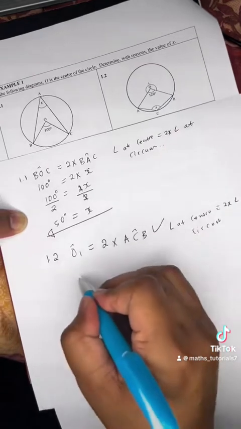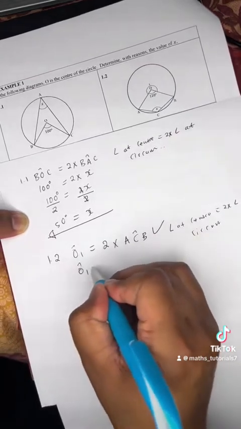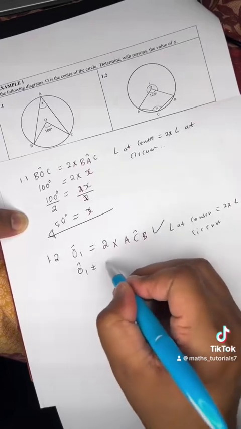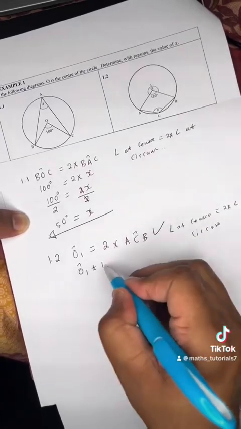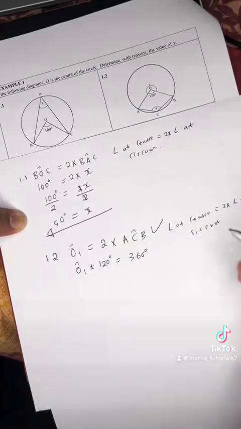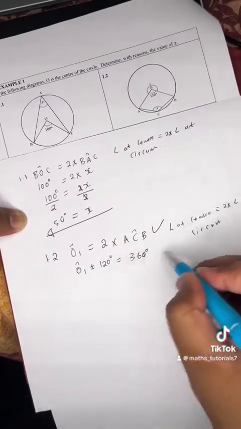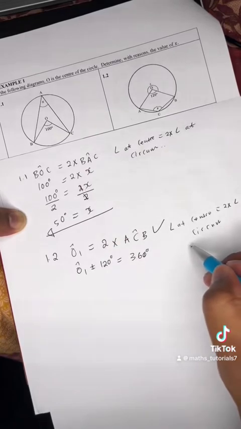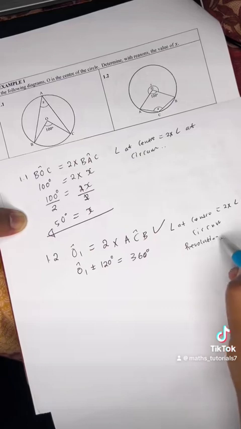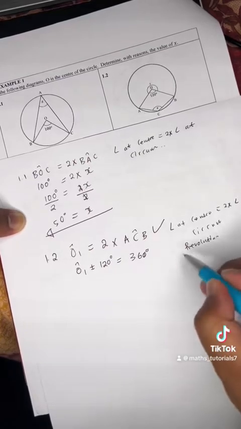So we can say angle O1 plus 120 degrees will equal 360 degrees, okay? So we know that this is a revolution, or you can say angles around a point, okay?